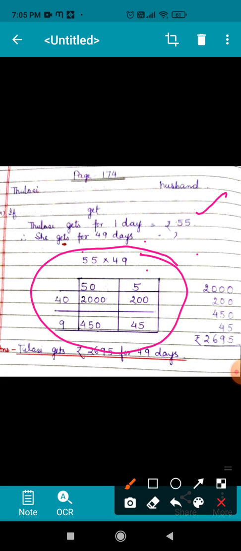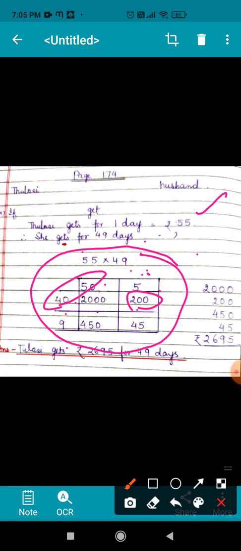Okay, so here 55 multiplied by 49. Expanded form of 55 is 50 plus 5, expanded form of 49 is 40 plus 9. Then we multiplied this: 40 and 50 comes 2000. 40 and 5, 5 fours are 20 and 0, 200.